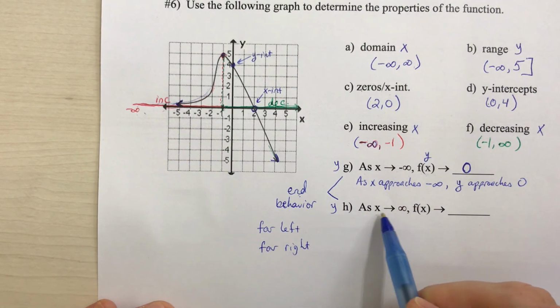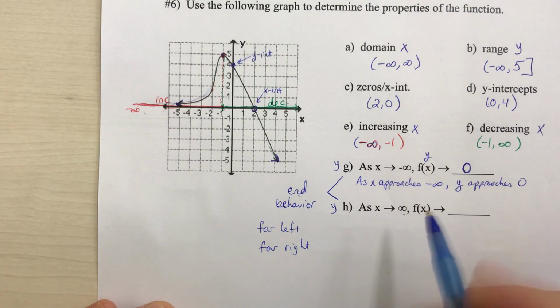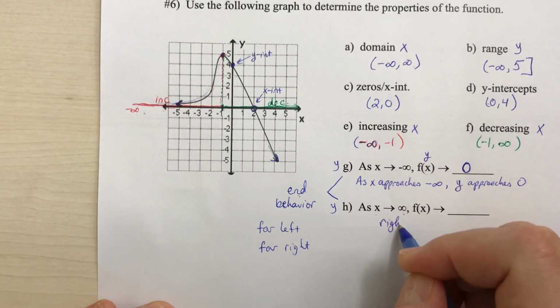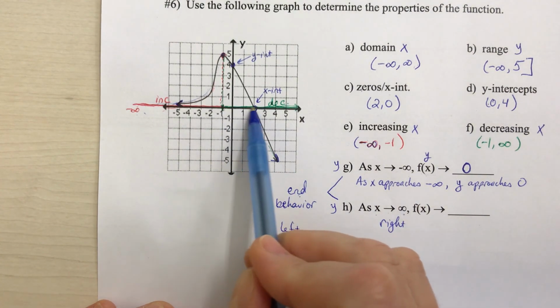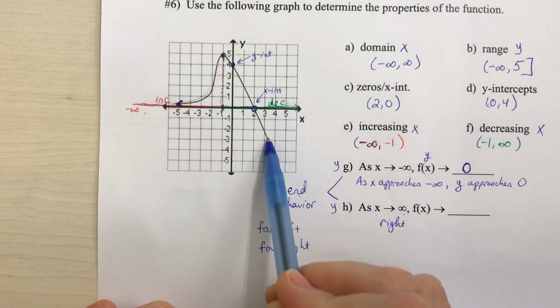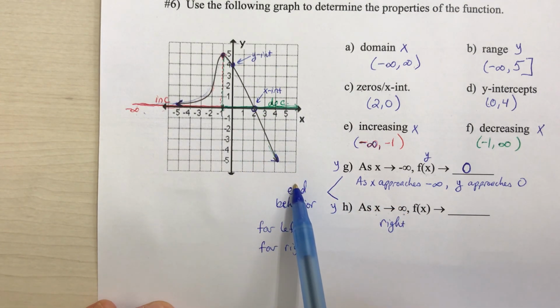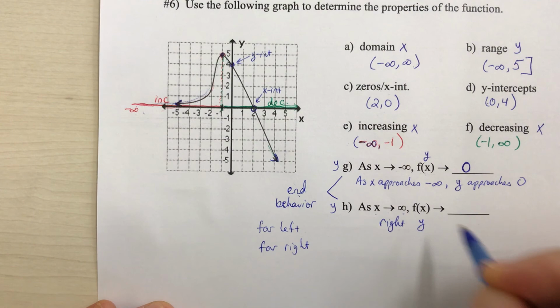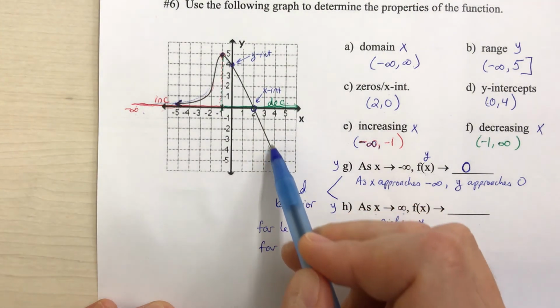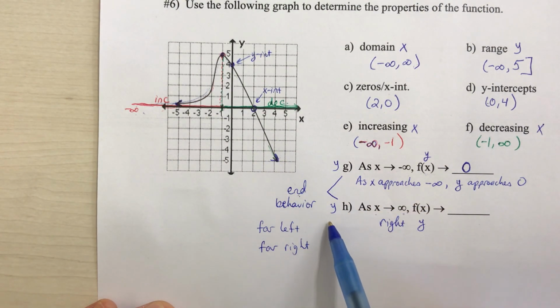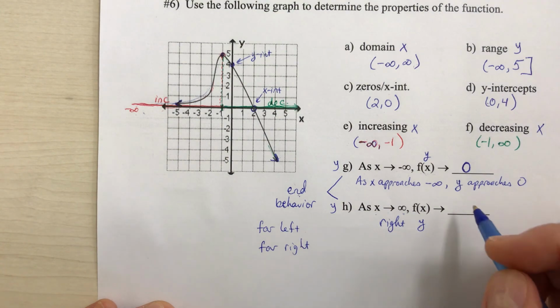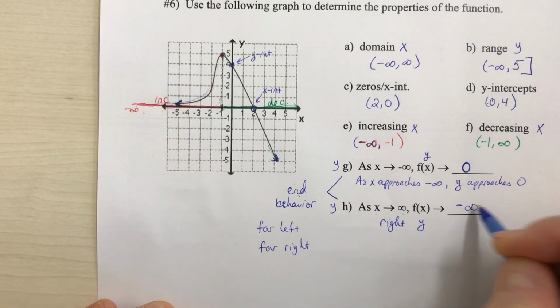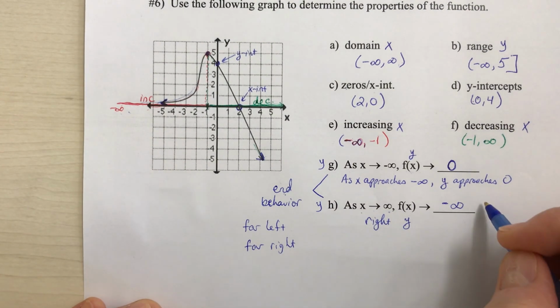Then we have as x approaches positive infinity. So in other words, as we go to the right, the y value is approaching, so f of x is the y value. Well, we're going down, and we're going to keep going down. So what's the y value we're approaching? Negative infinity.